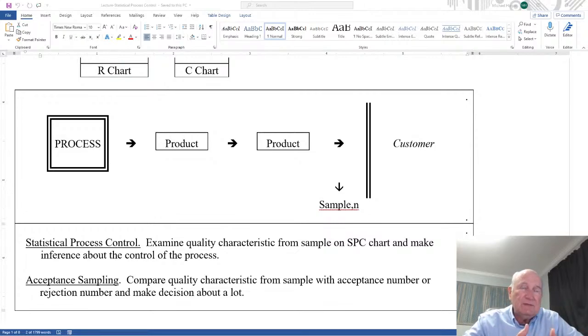Automobiles can have miles per gallon as a quality characteristic, high, low, or something like that. Or it could be qualitative. It could be prestige, or brand, or value to the customer, or image, especially in clothing. But you'll have a number of quality characteristics.